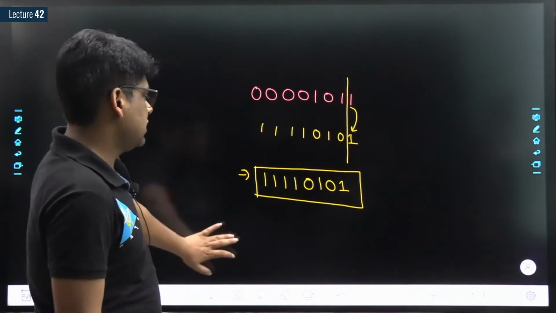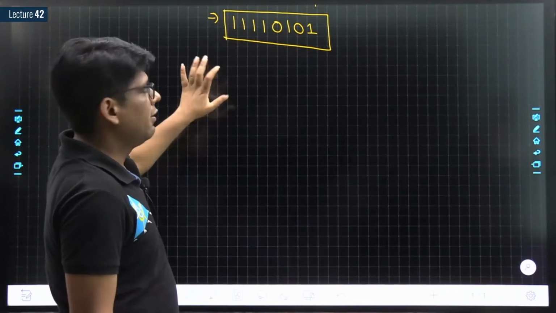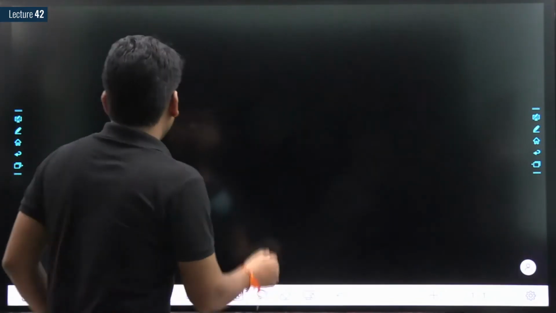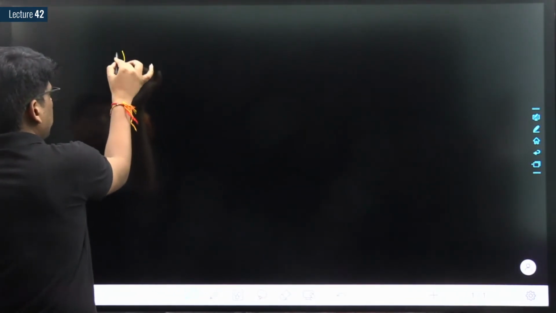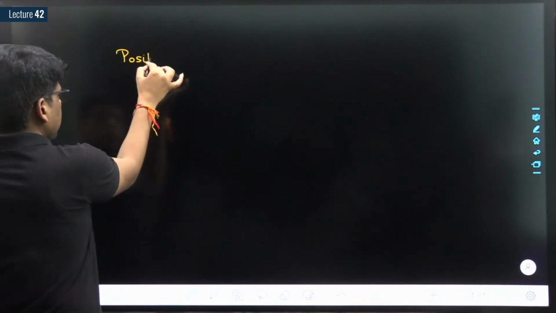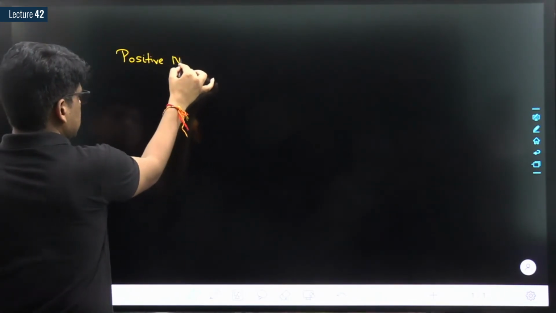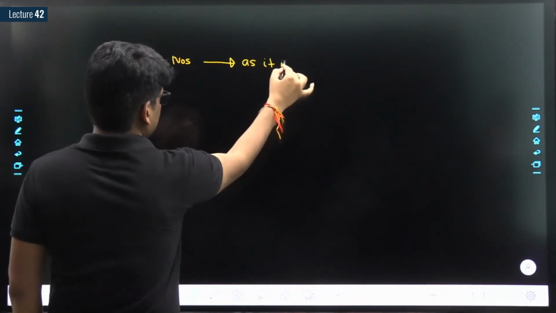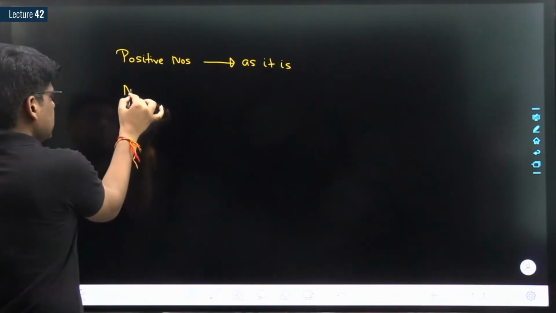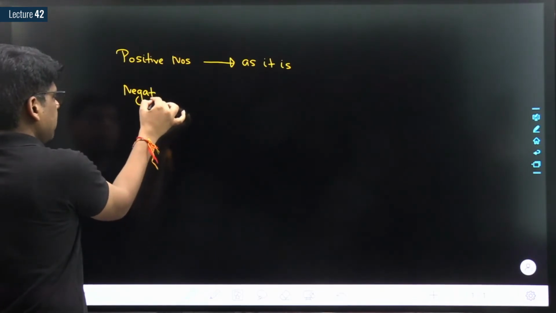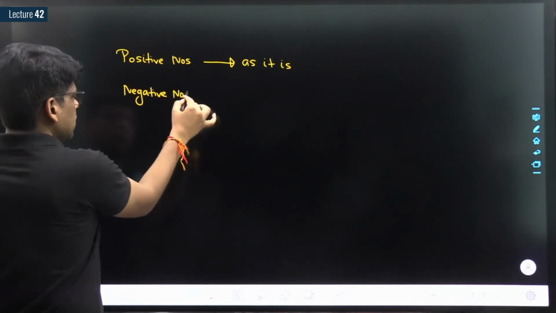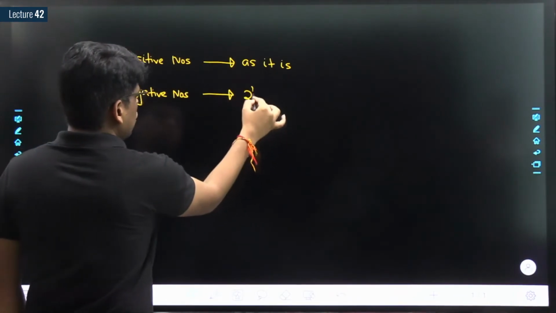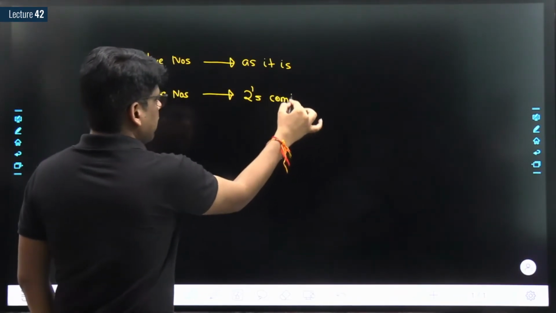That means, sir, now try to understand what we know. Positive numbers are stored as it is. Negative numbers are stored in 2's complement form.